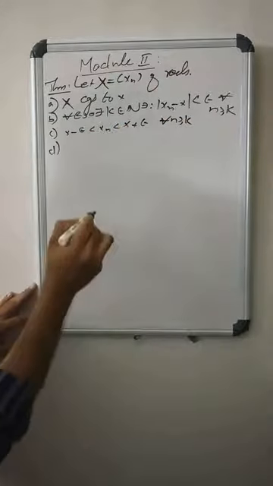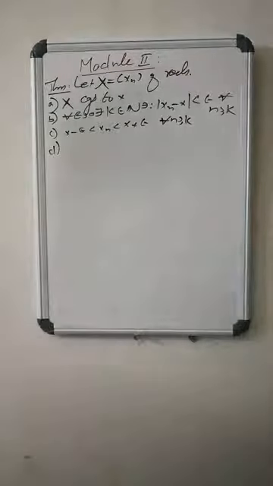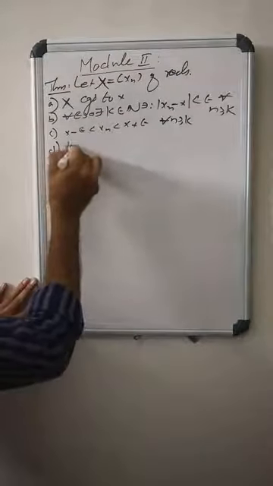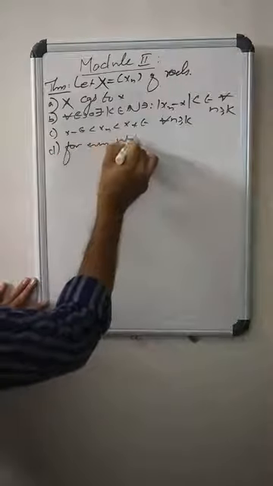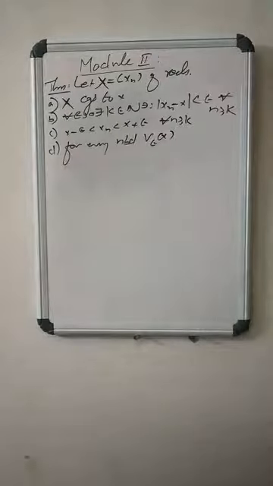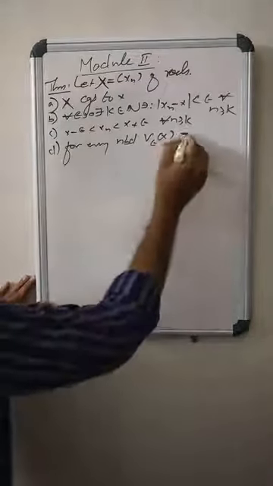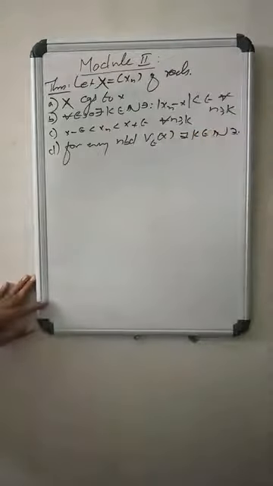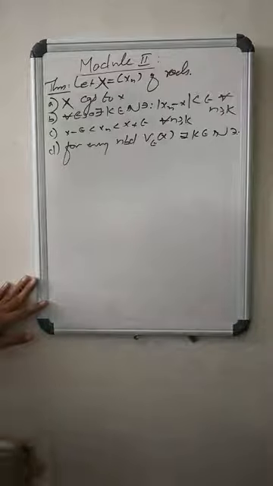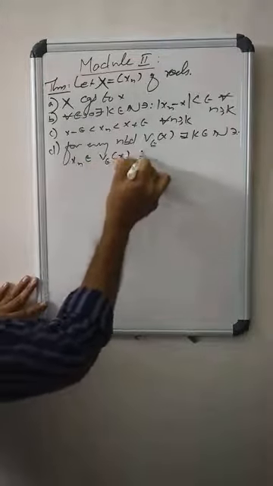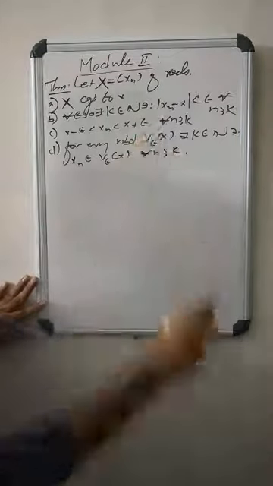And part D: for every epsilon neighborhood V epsilon of x, there exists a natural number k such that the term xn is present in V epsilon of x for all n greater than or equal to k.